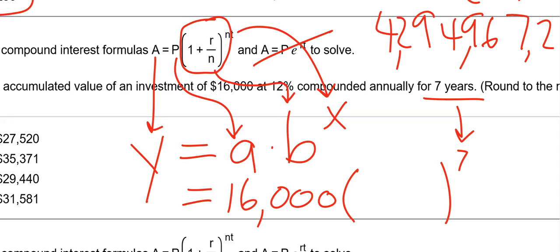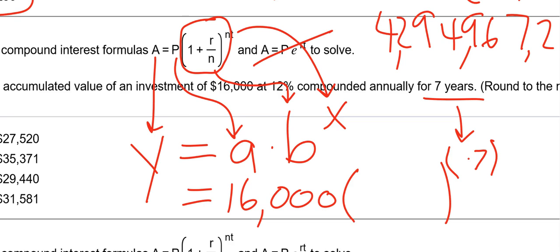Now the part inside the parentheses that we need to worry about, and maybe I should move that 7 over a touch, because we're also going to have the value of n. Now, the part that we need to discuss more, which we'll get into a lot on Monday, is what does it mean by compounding?